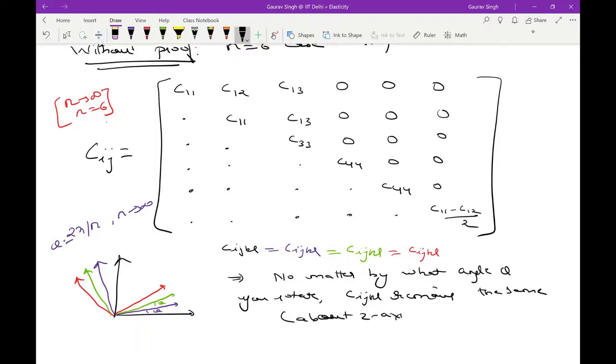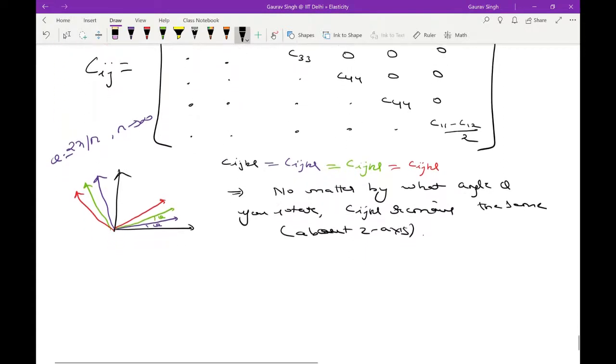This is one of the important things, that it is only about the z axis. The previously obtained Cijkl, for a differential angle theta, would be the same, and so you can sweep basically the entire 2 pi angle like this. So this is the physical interpretation of this.